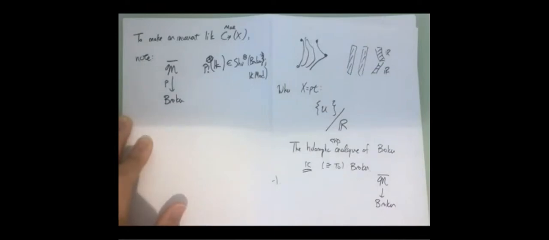Okay, and by the theorem from earlier, which is that to give a factorizable sheaf here is the same thing as giving an associative algebra, we realize that this gives some weird associative algebra that maybe we haven't seen before.